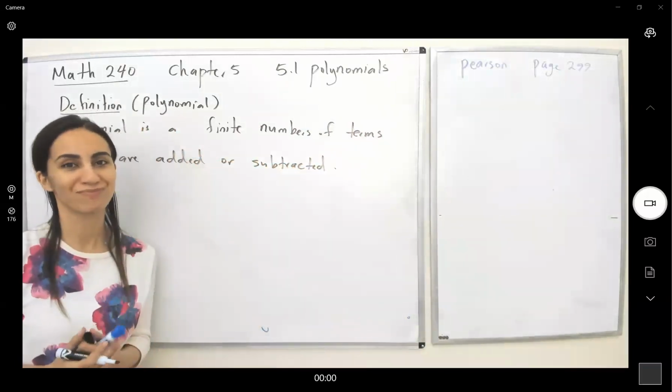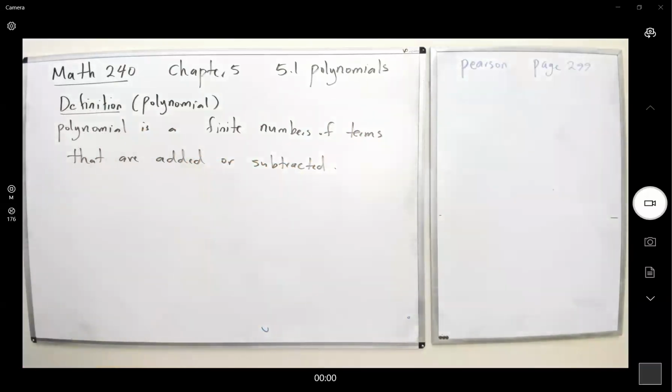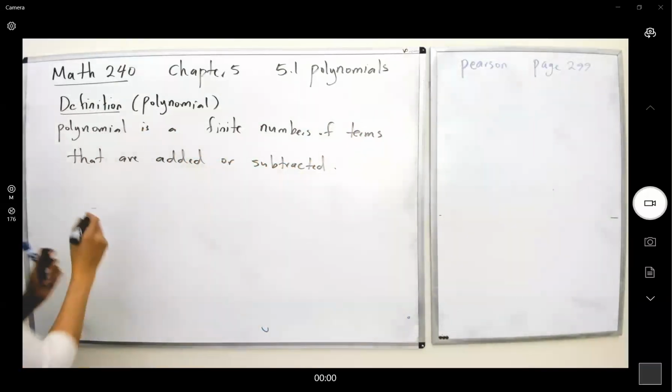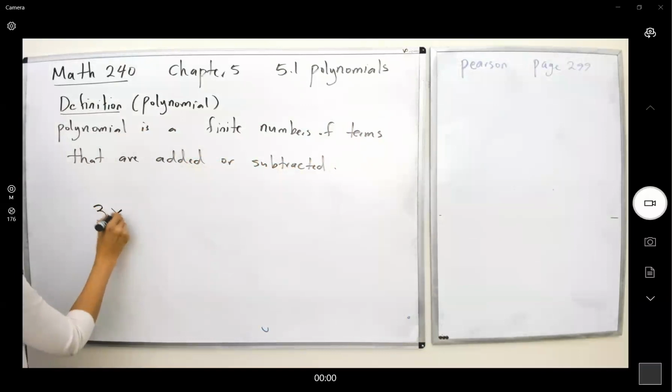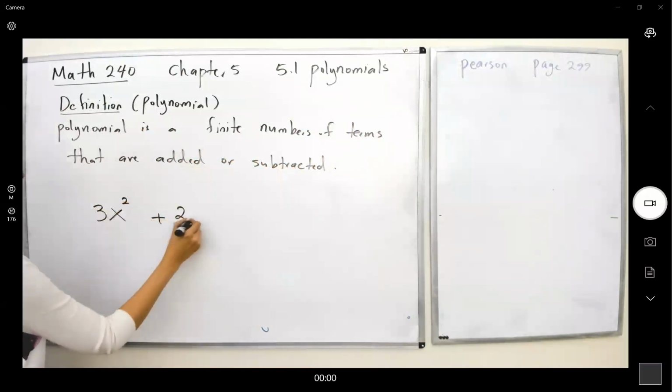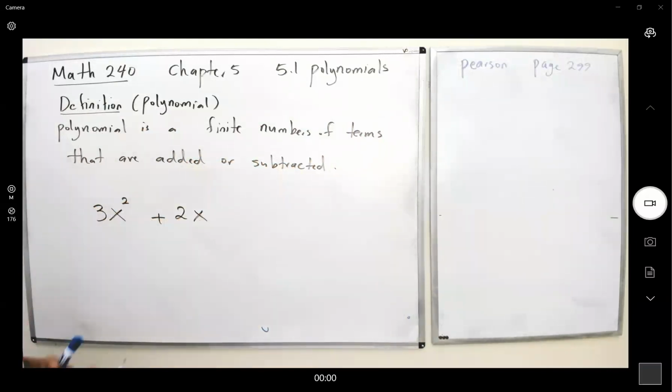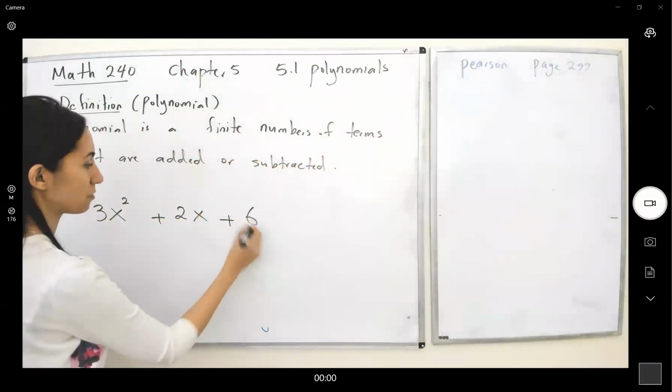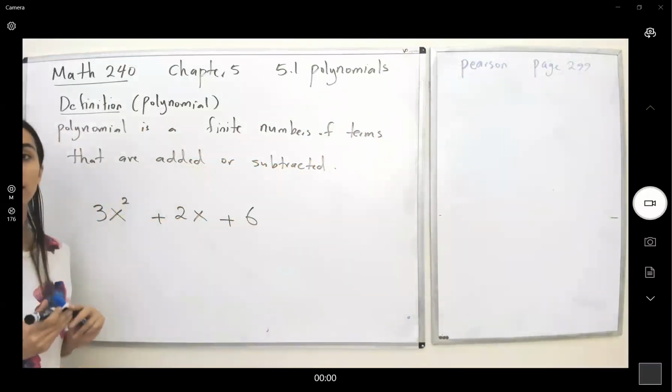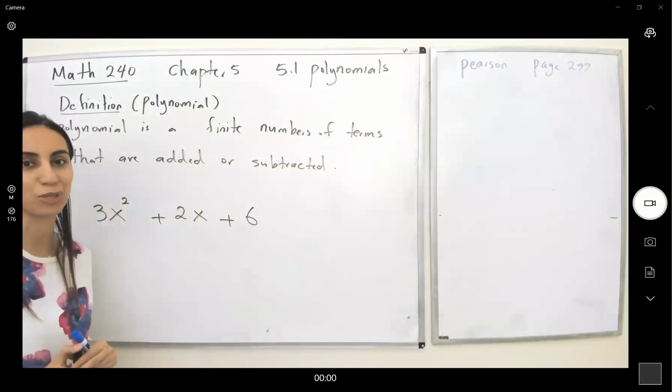For example, here you have 3x squared plus 2x plus 6. This is an example of a polynomial.